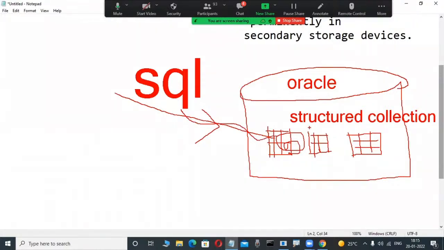But MongoDB and those types of databases are different. There is no SQL there. There it is JavaScript and those types of languages. SQL is a separate language, through which we operate on data in these types of databases.